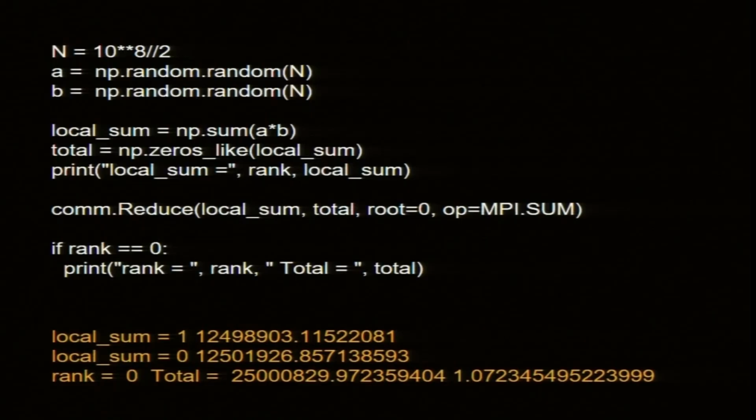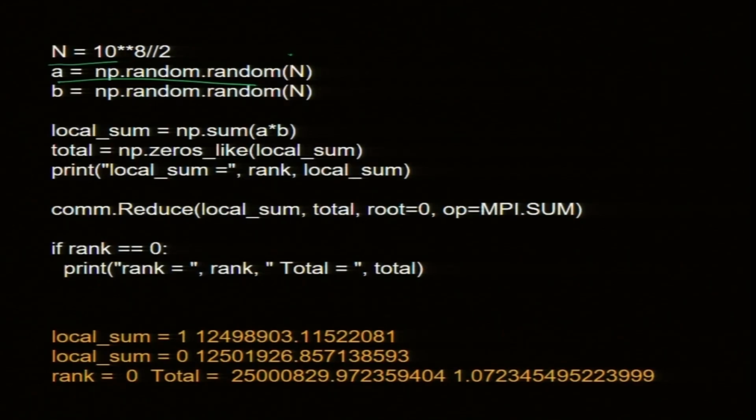So, let us compute A star B, sum. A and B are vectors. So, I am not doing it for big data. So, my A is a big vector which has 10 power 8 by 2. So, my array was a big array of 10 power 8 numbers, but now I want to do it in MPI.